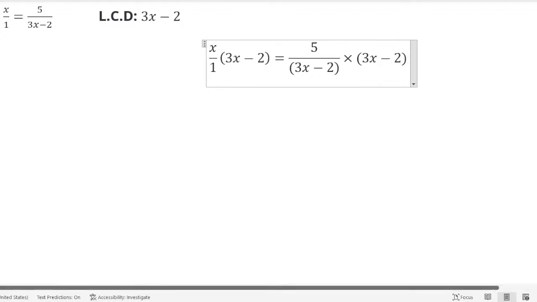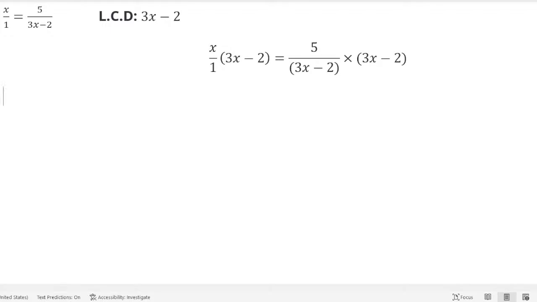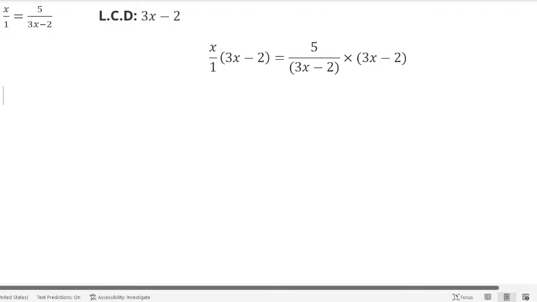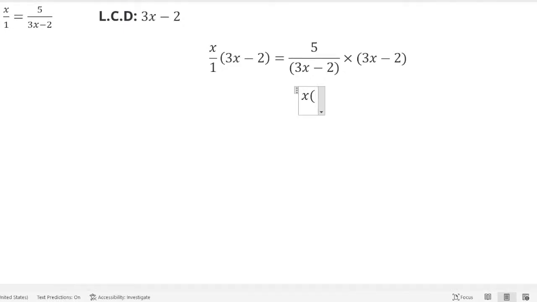So here we'll be left with, remember, when you multiply this by this, they cancel each other and we'll be left with 5 on the right hand side. Then on the left hand side, we'll be left with x into 3x minus 2, is equal to 5.